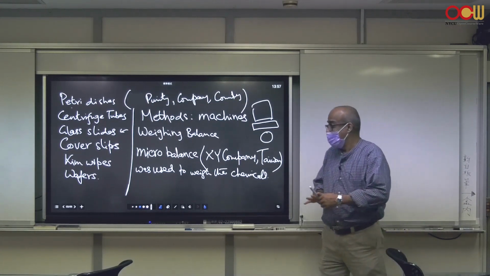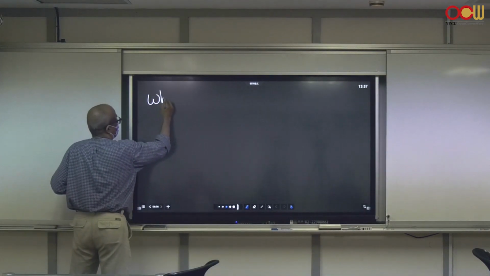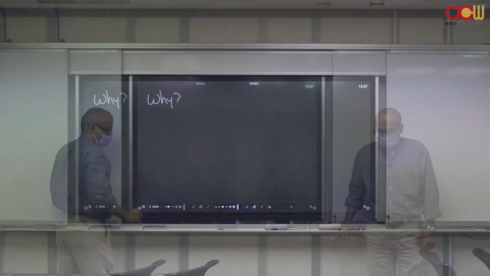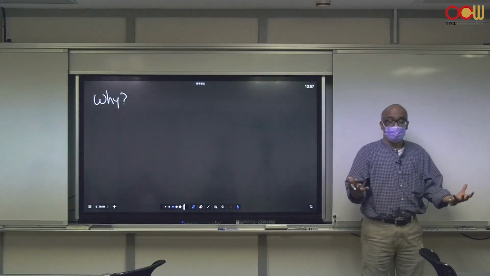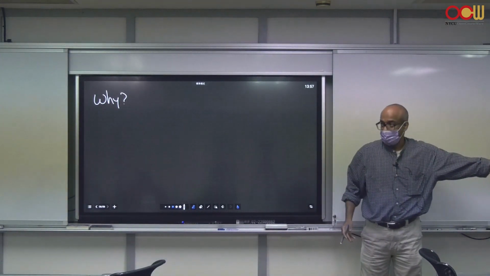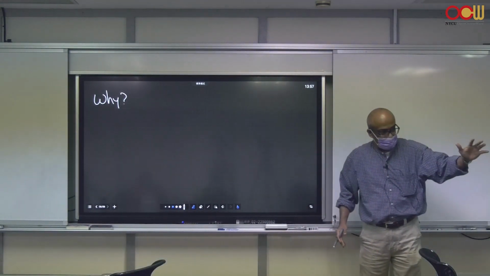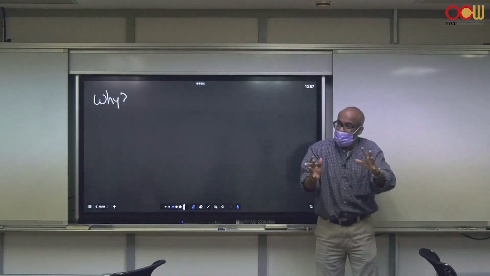Why do we need that? Let me tell you why. In my work, I am trying to reproduce some experiments that other people have done. So let's say Wayne is making MoS2 quantum dots, and he is following a paper.